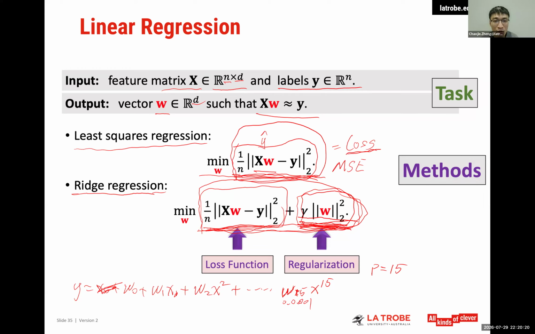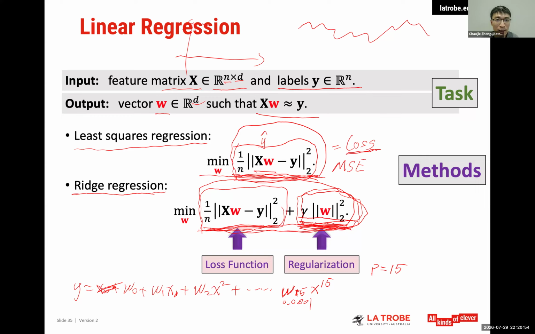In this way, we are controlling the freedom of the curve, so the curve will not be very squiggly like this. If all the terms with high order have very low weights, the resulting curve will be close to the curve with lower complexity.